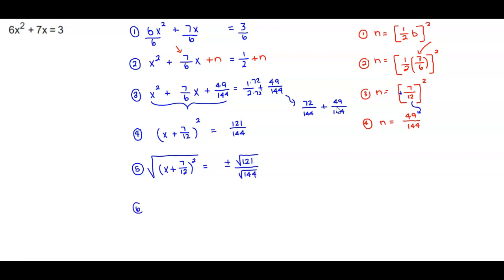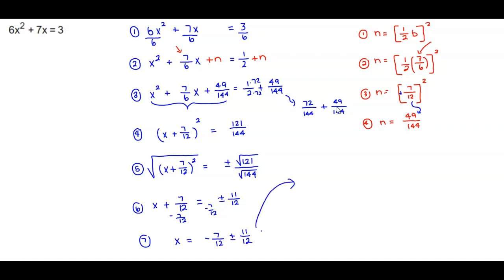So we get x plus 7 over 12 equals plus or minus 11 over 12, since the square root of 121 is 11 and the square root of 144 is 12. Now we subtract 7 over 12 from both sides of the equation. So x is equal to negative 7/12 plus or minus 11 over 12.